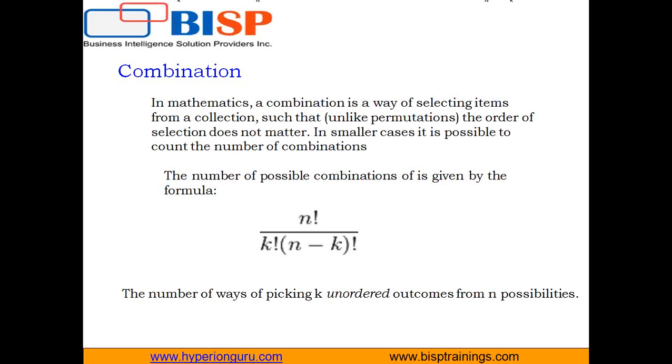A combination is one or more elements selected from a set without regard to the order. The without regard means that the collection matters rather than the order in combination. So the math formula used for calculating combination is factorial of n divided by factorial of k times factorial of n minus k, where k is the outcomes and n is the number of possibilities.